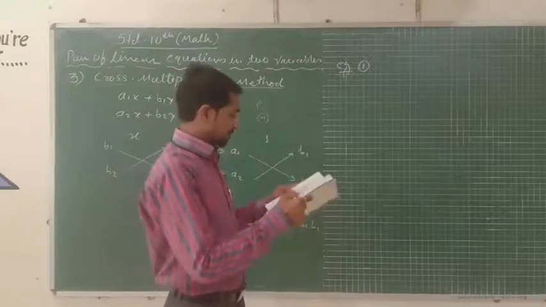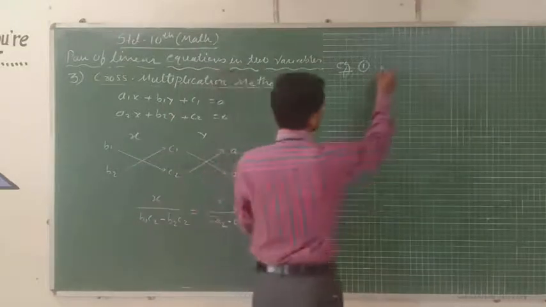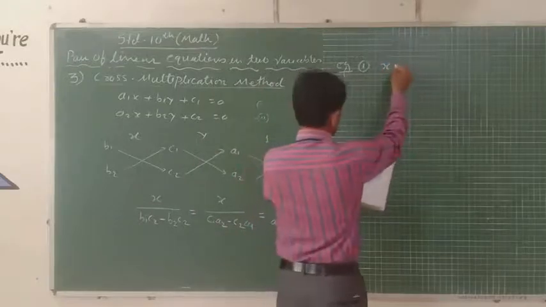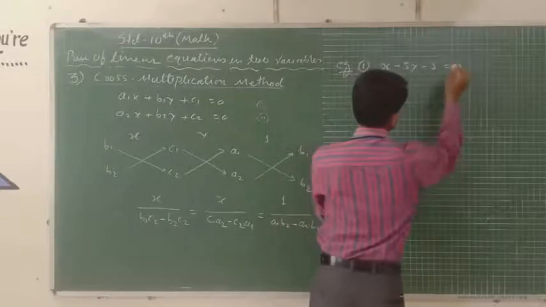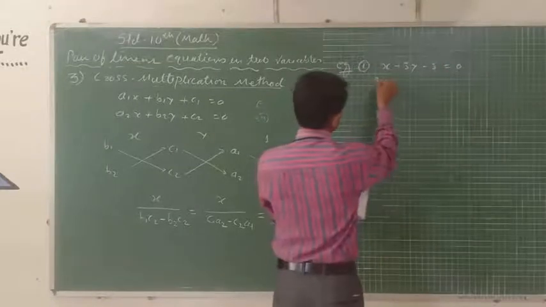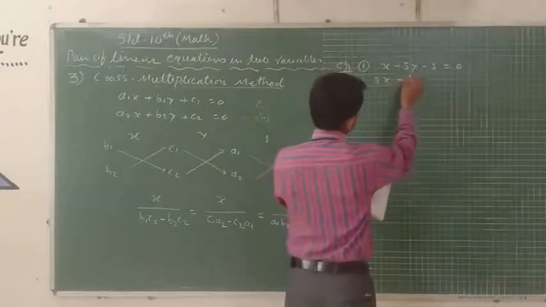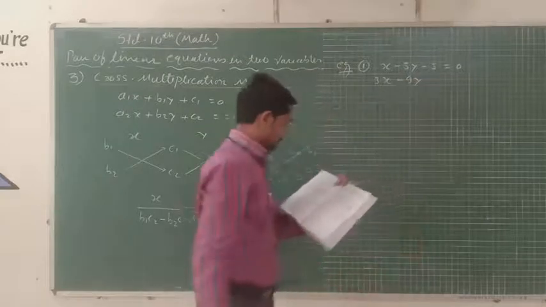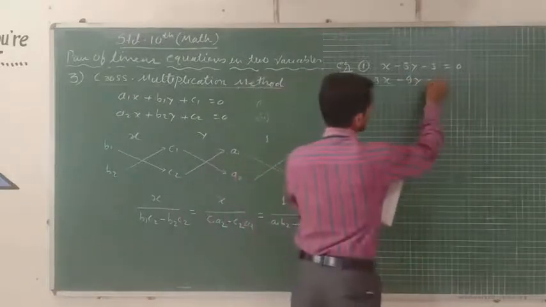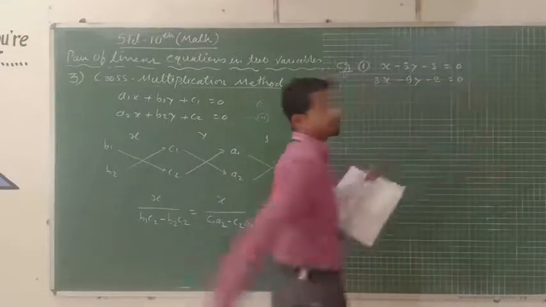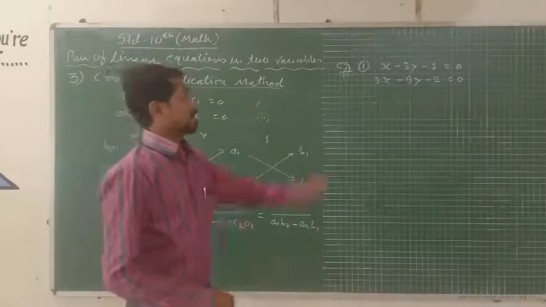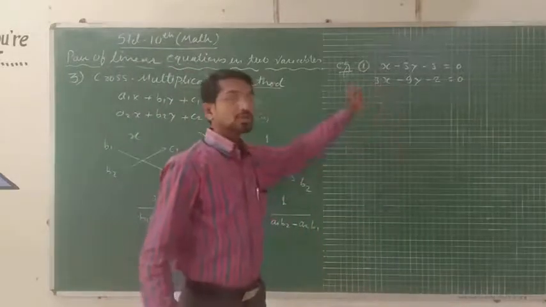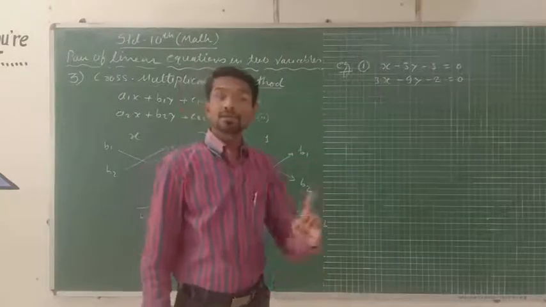First example I am taking from here: x minus 3y minus 3 is equal to 0 and 3x minus 9y minus 2 is equal to 0. First you have to decide whether it has one solution, no solution, or infinitely many solutions by comparing the ratios.